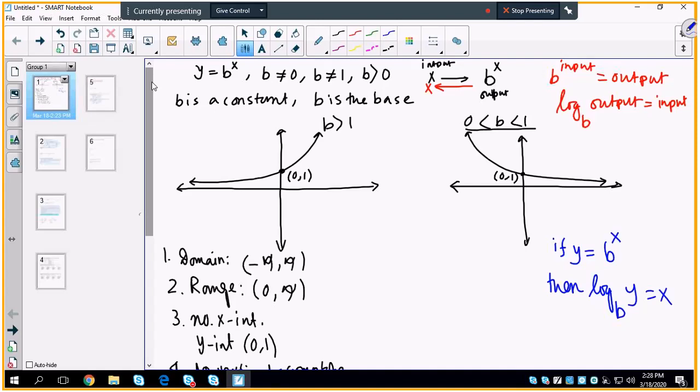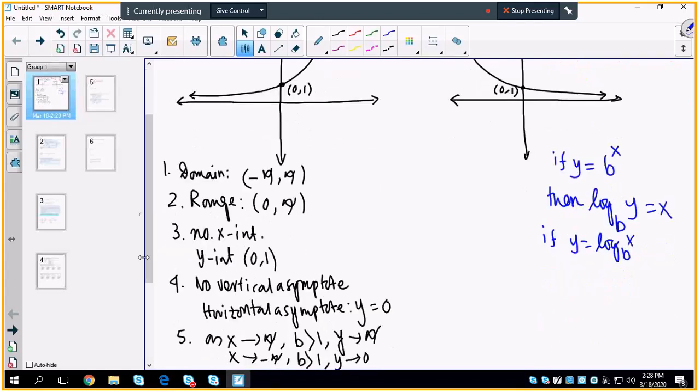And vice versa: if y is equal to log of x to the base b, then in the exponential form, b to the power of the output y is equal to the input of the logarithmic function, which is x.